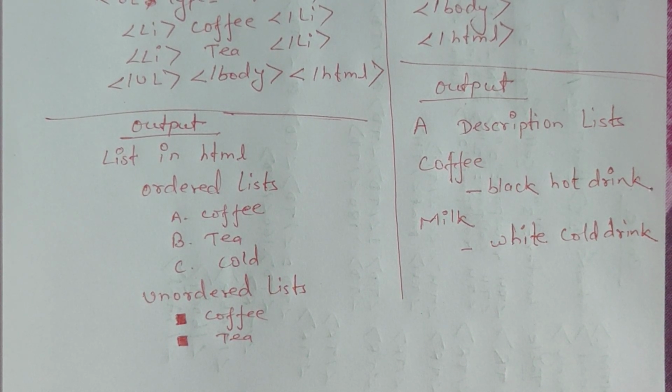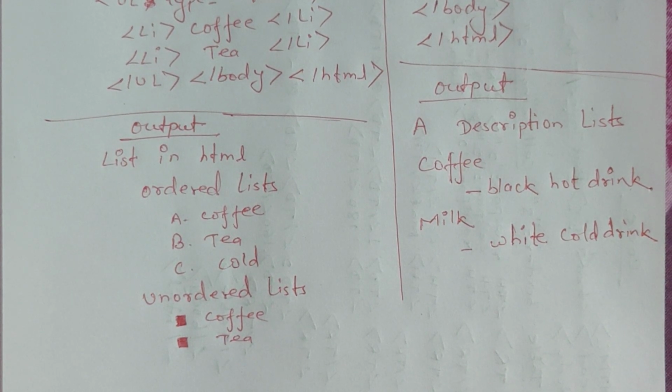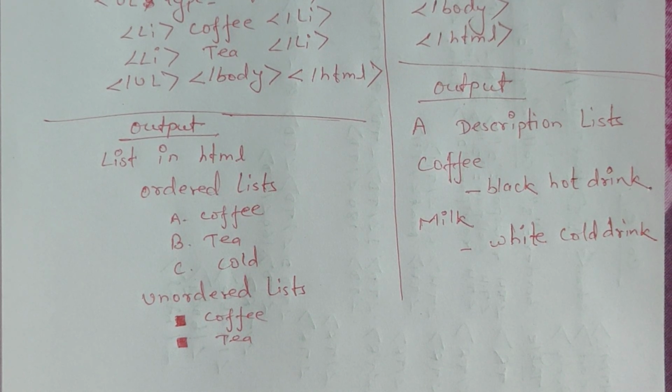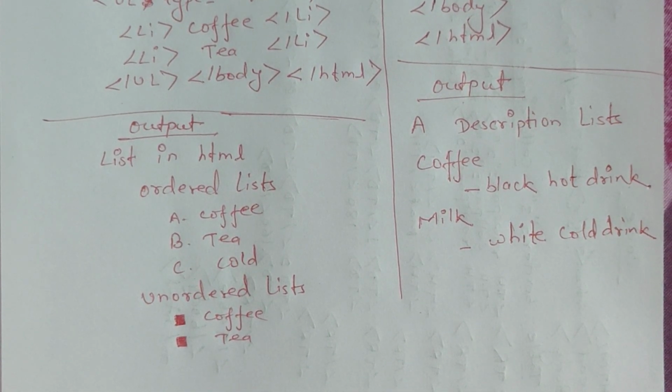So first one, ordered list, how it is written. If any list, any list of items is given in numbering, that is called an ordered list because it is in some sort of numbering. Just like you can see here, a, b, c is given, so three items are there: coffee, tea and cold.